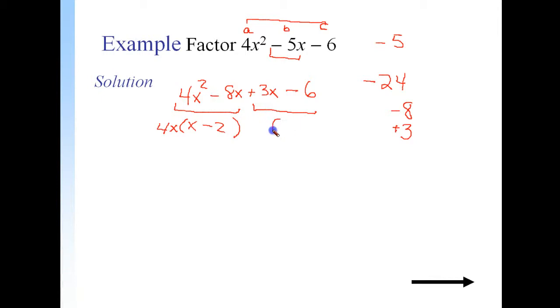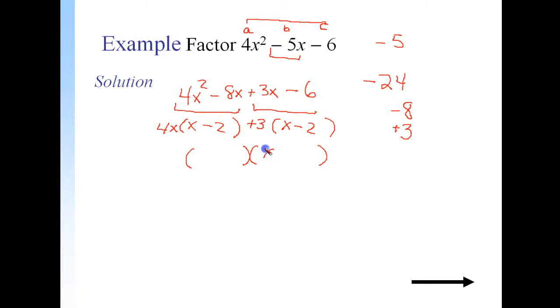Now I want to have in my second little set here an x minus 2. Well, what do I take out of these to get that? And the answer is a positive 3. You might remember this. We did some of these. So now I put 2 sets of parentheses.